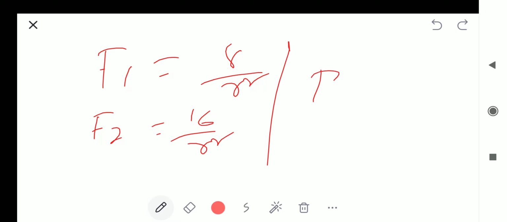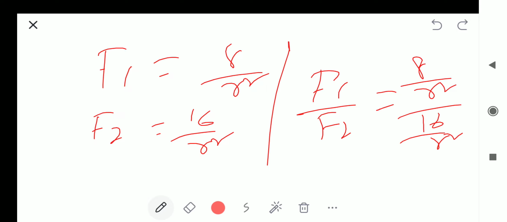So F1 by F2 is equals to 8 by r square over 16 by r square, which is half.